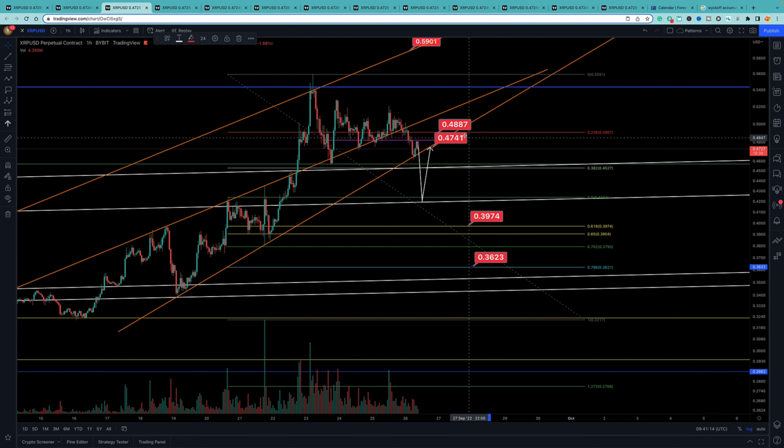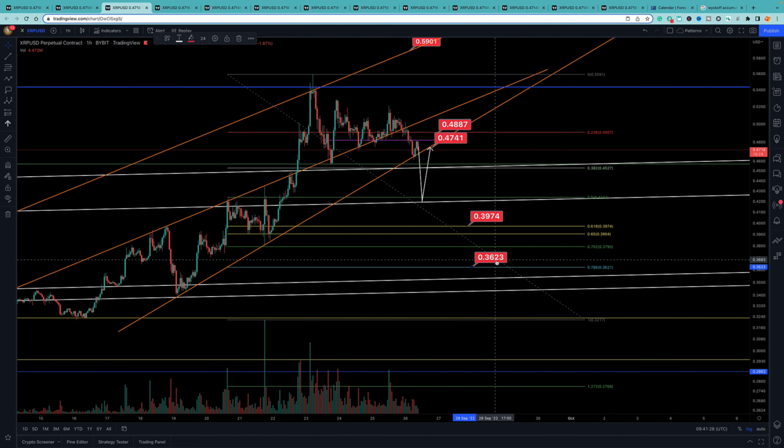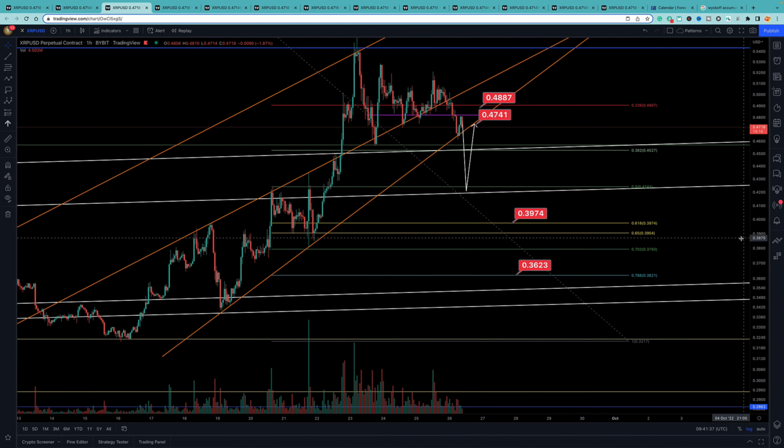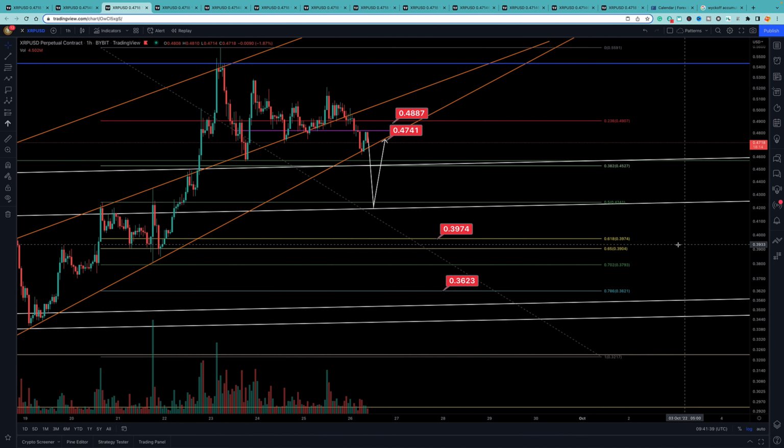Okay, so entry point around 48.80 to 47.50, depending on how price action behaves here, and then target of 39.74 to 36.23. So basically 40 to 36. Okay, so that's what I'm looking at.